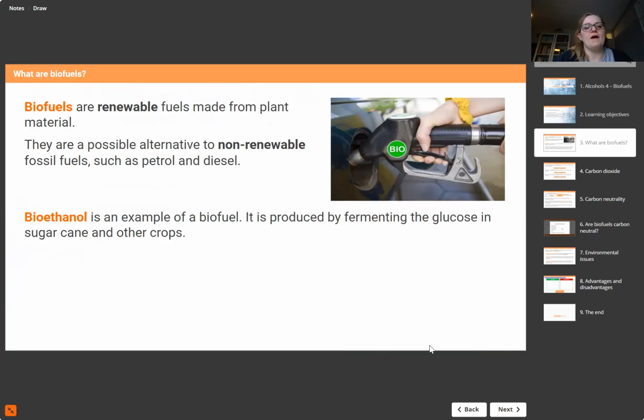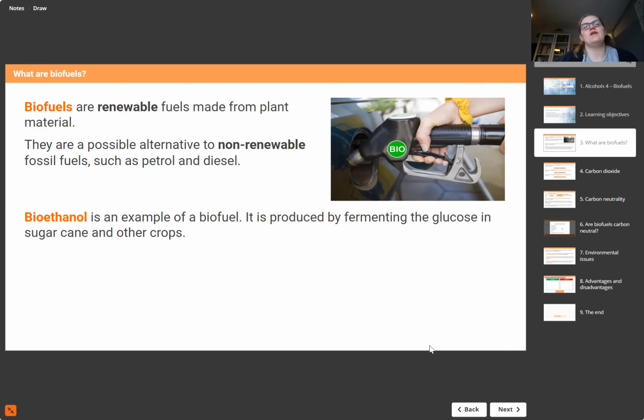Basically, a biofuel is just a renewable fuel made from plant material. So we use them a lot as a fuel in our cars. Unlike traditional petrol and diesel, these are renewable.